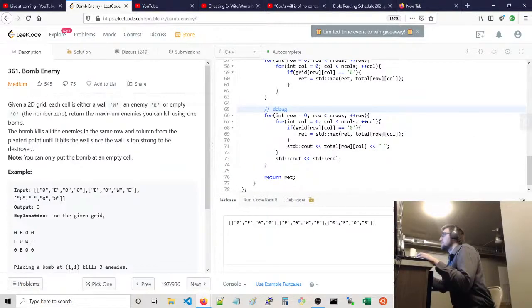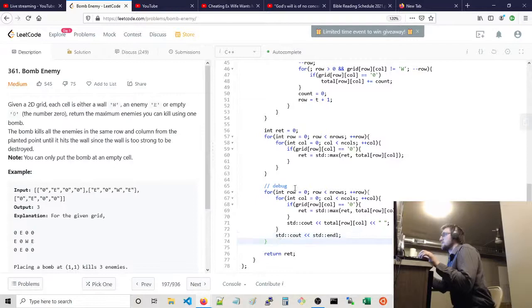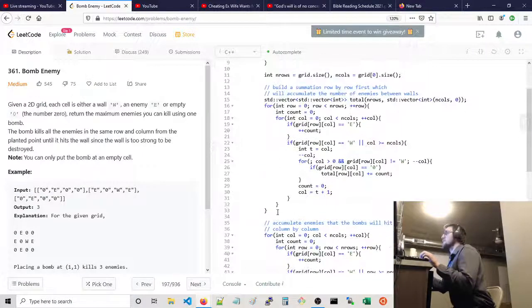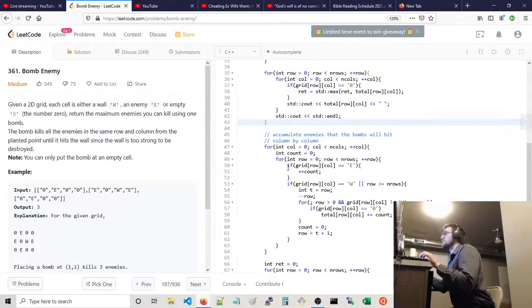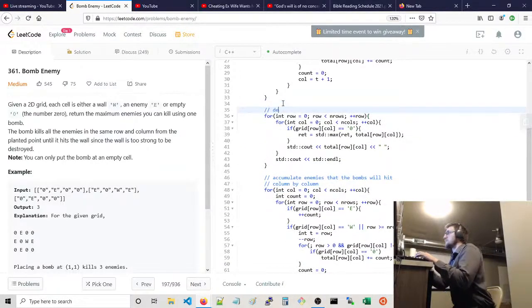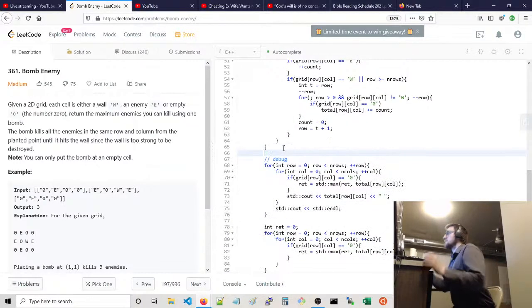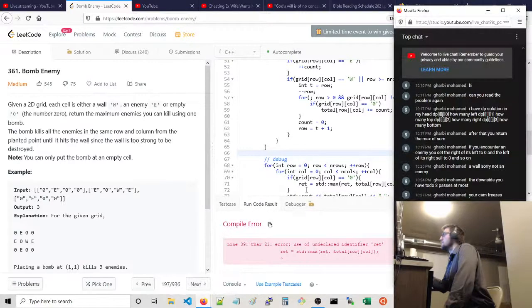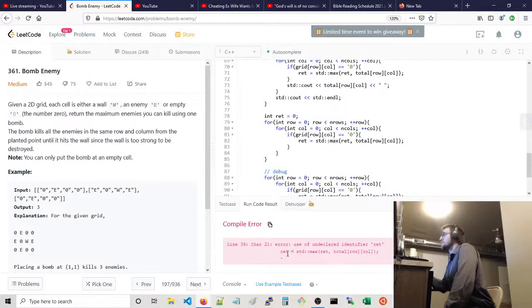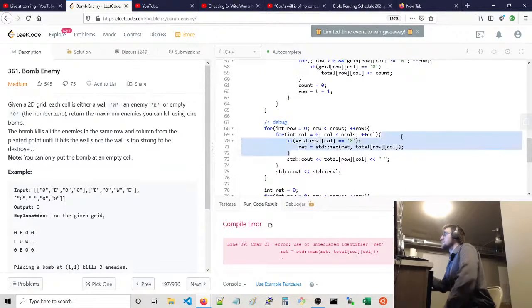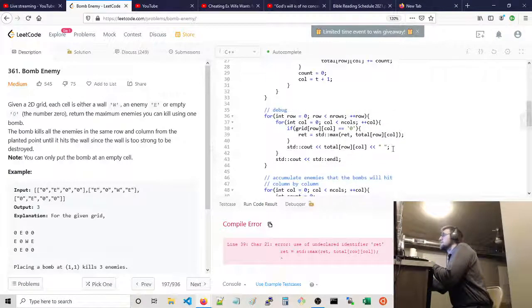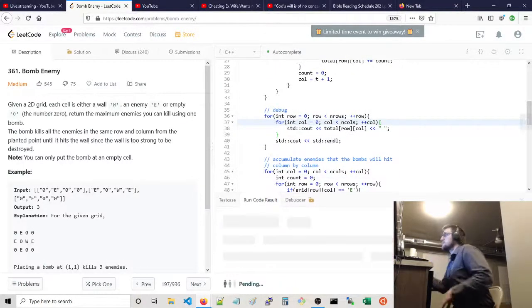Oh, they have a debugger. I didn't know that. That's kind of neat. We are going to debugger after the first pass, and after the second pass. Oh, we really don't need this, do we? Should get rid of that.